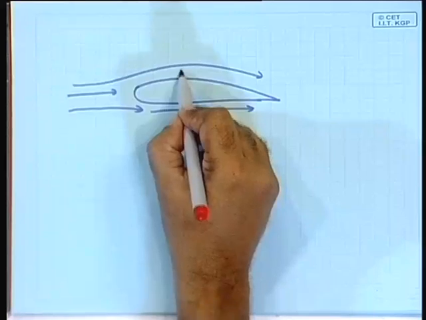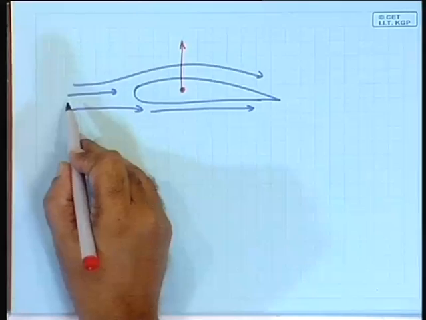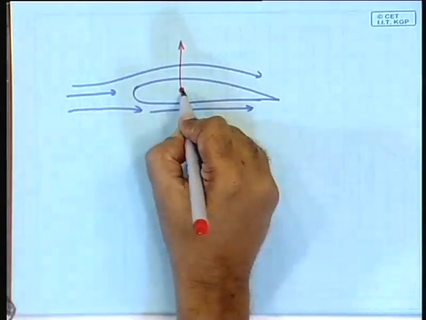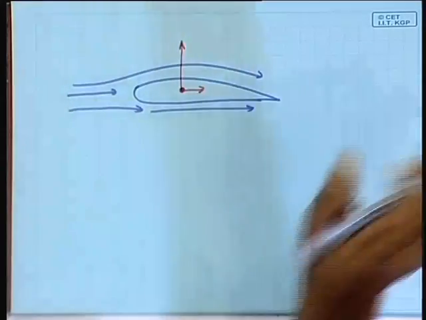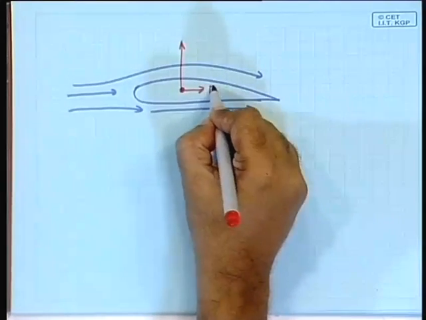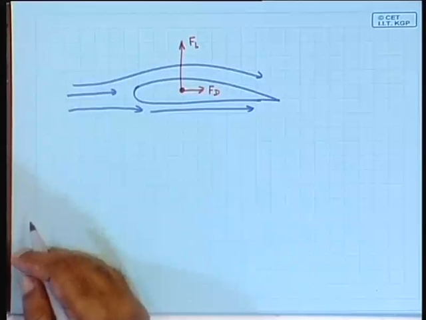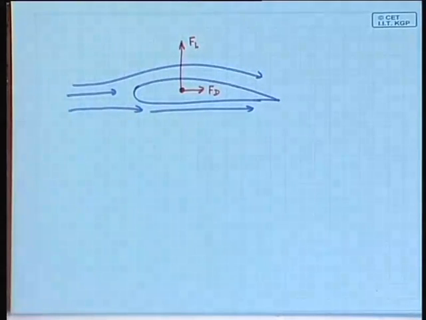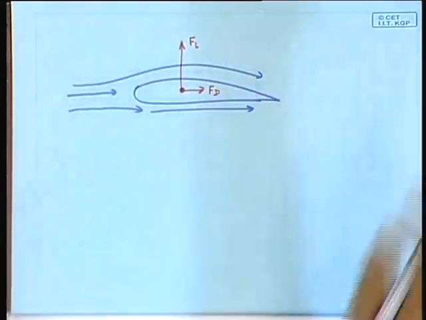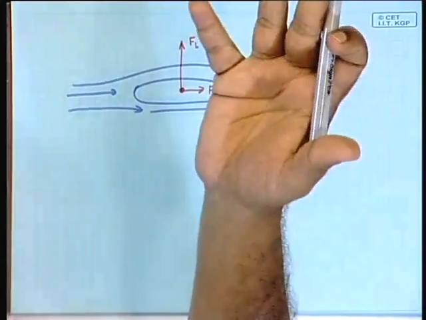There will be a lift force that goes upwards, and also because the wind is trying to push this airfoil back, there will be another force like this, which you cannot avoid. So, there will be two forces really. This force is called the drag force and this force is called the lift force. In the case of the aeroplane, the drag force is overcome by the jet engine, and that is how it goes forward, and the lift force is what makes it float.